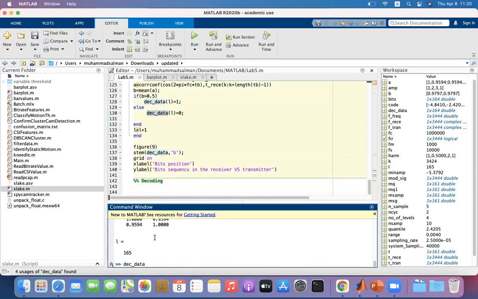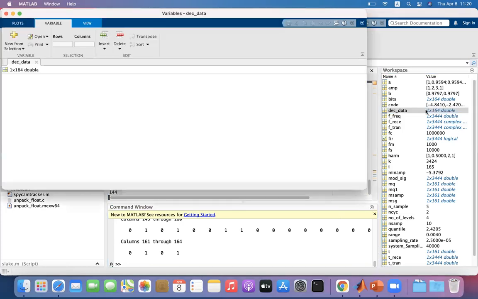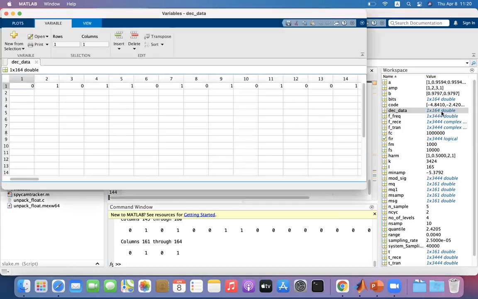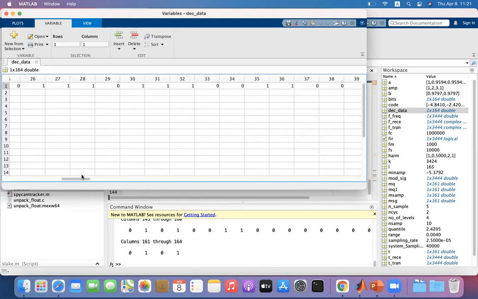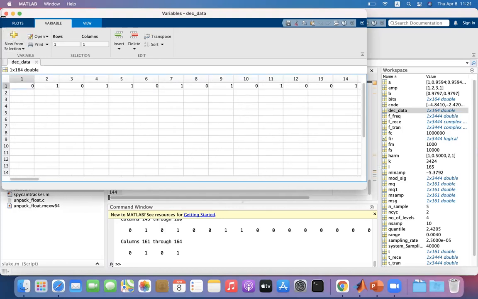So the decoding process is, now if you look at this variable, if all the data is just in a single vector, or if I show you this one here, then you can see that the dimension is 1 cross 164, which means that there is one row and 164 columns. The data is looking like that, in a single row.